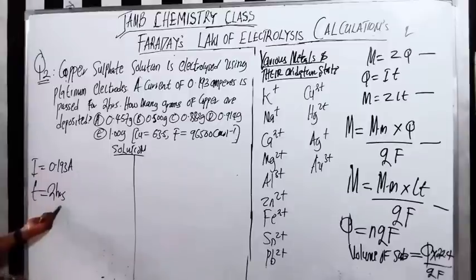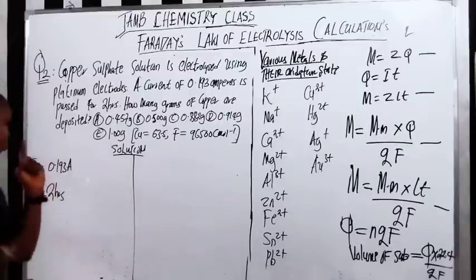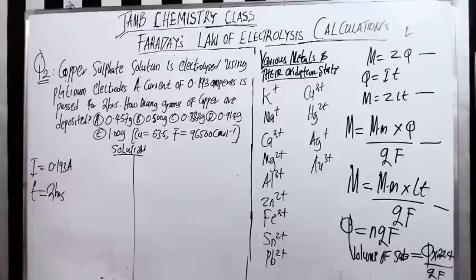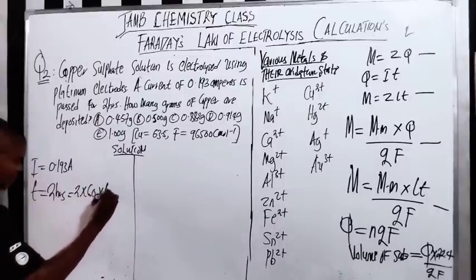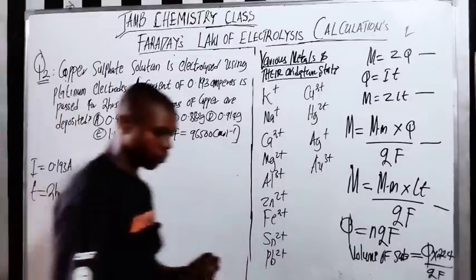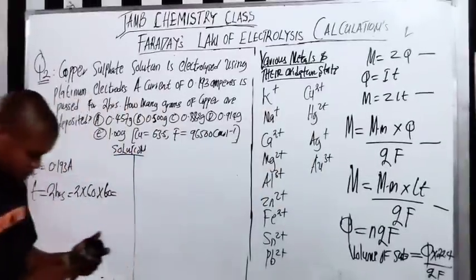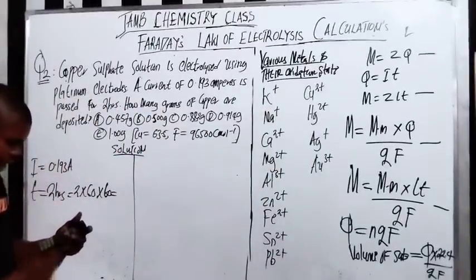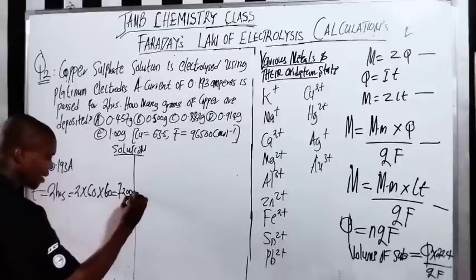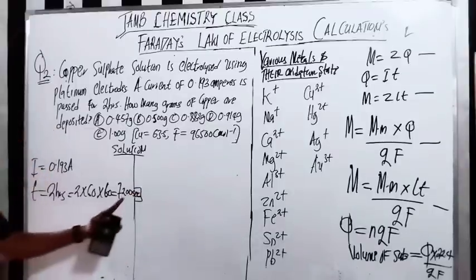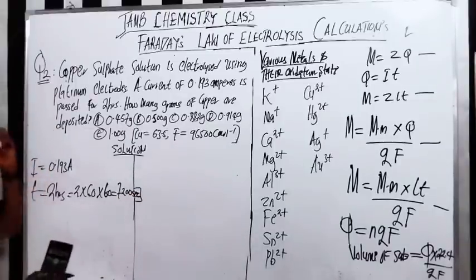Remember, I'm going to convert hours to seconds, and to convert hours to seconds I multiply by 60 times 60. So it's going to be 2 times 60 times 60, which gives 7,200 seconds. That's my time.